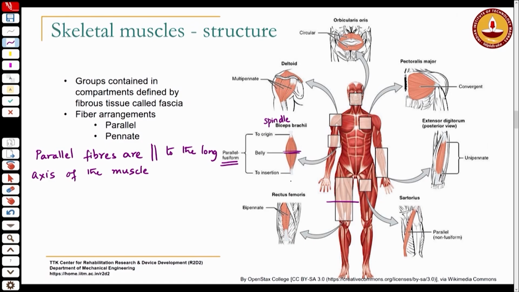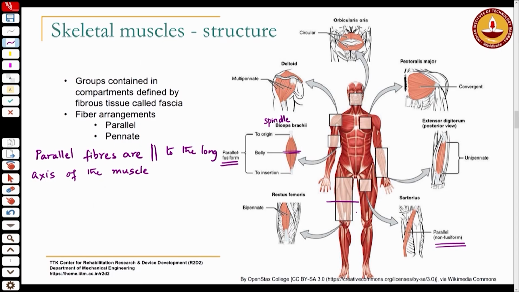So, you have the tendon on either side and you can see that the fibers are parallel to the long axis of the muscle. You could also have a non-fusiform type of parallel muscle. This is like the sartorius muscle which runs across your thigh, and that is almost like a strap. It does not have a pronounced belly.